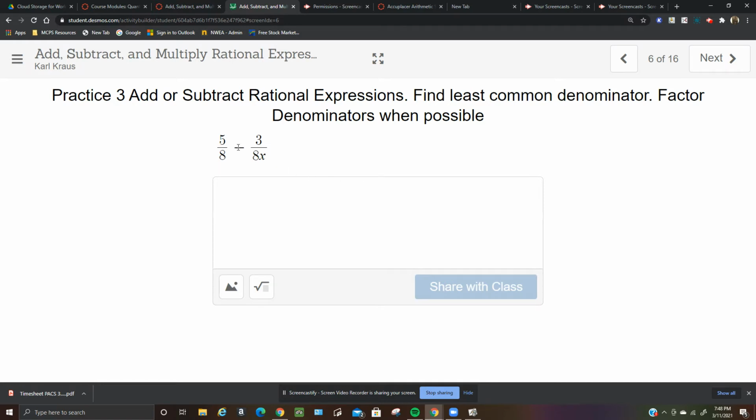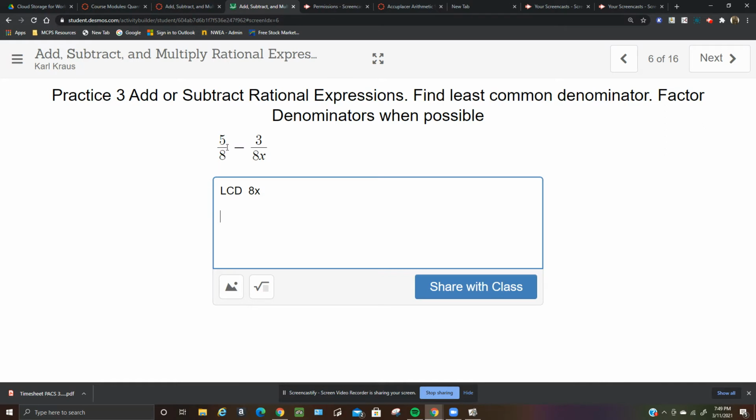The rest of the practice, the direction is going to be add or subtract rational expressions, find the least common denominator, and factor the denominators when possible. So we want to make the common denominator here 8x. So the LCD is 8x here. And then I look here.